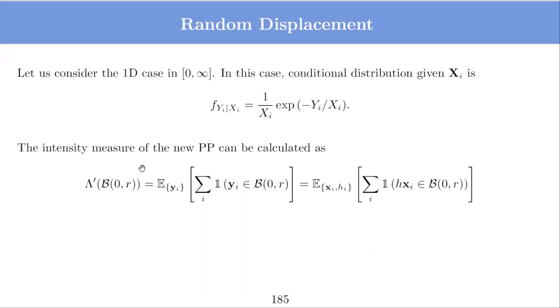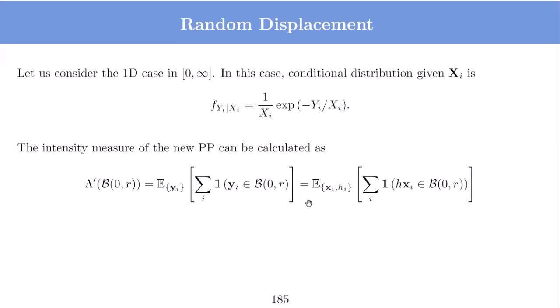So what will be the intensity measure of the new point process? For that, suppose you take a ball of radius r around 0 and compute the average number of points there. You go to each point and ask, are you in the ball, and you take the expected value. Because of the one-to-one correspondence between realizations, I can also sum over all points of phi.